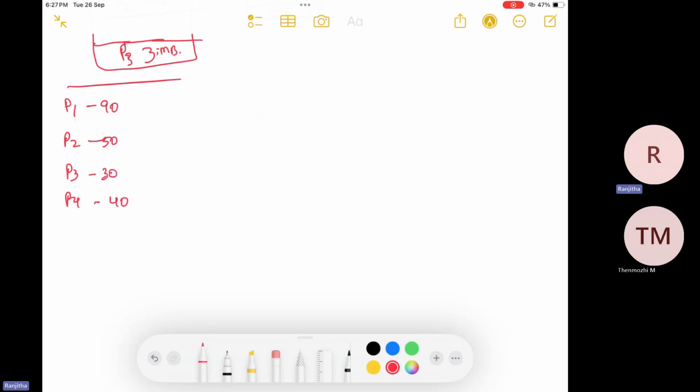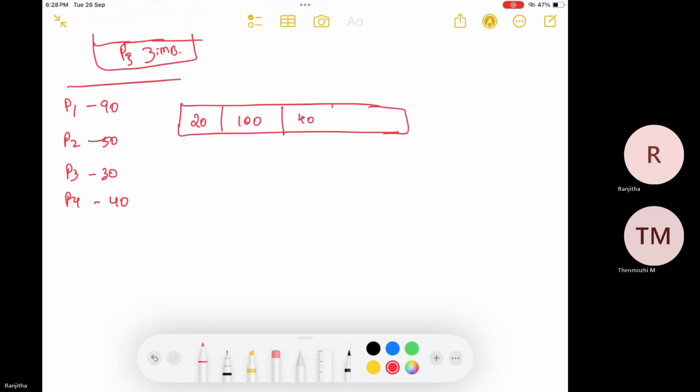And assume that we have 5 blocks in the memory: block 1 is 20, block 2 is 100, block 3 is 40, block 4 is 200, and block 5 is 10. Let's see how first fit will work here.